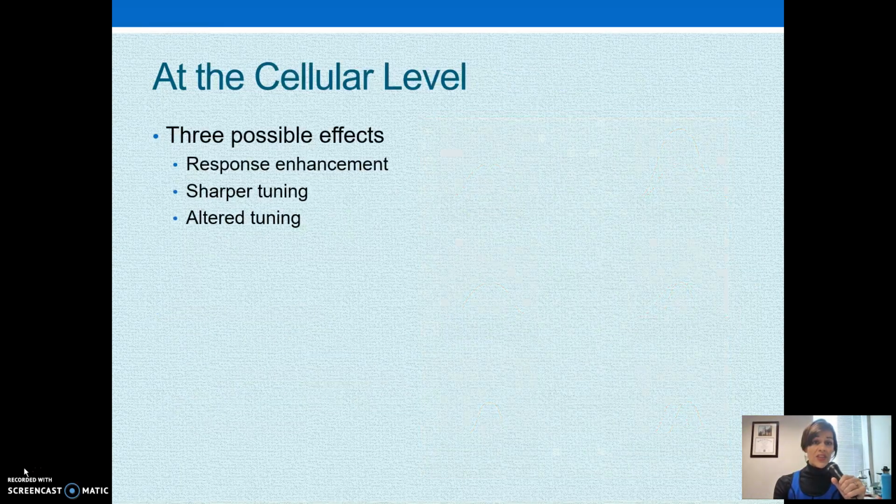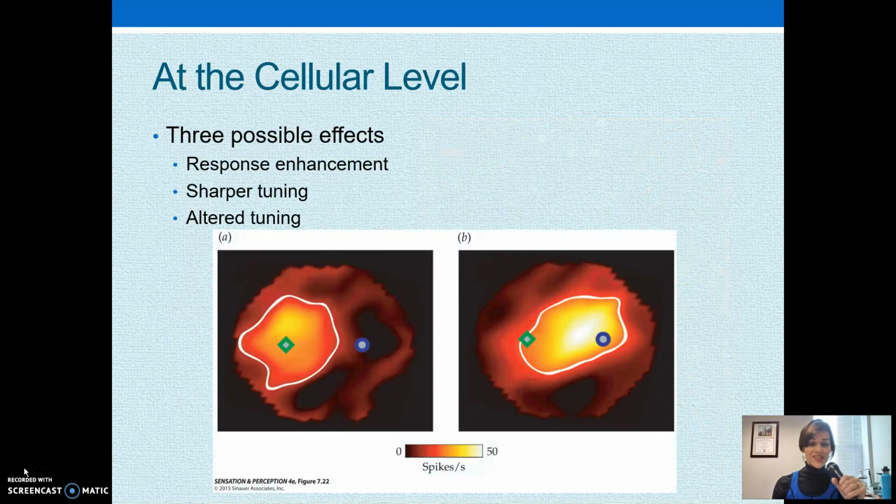Now, one other thing that I wanted to focus on at the cellular level is how tuning tends to change. What you're going to notice, this is a particular cell of a monkey that is attending to a particular stimulus. Its location is denoted by the diamond here, and it's focusing on this.